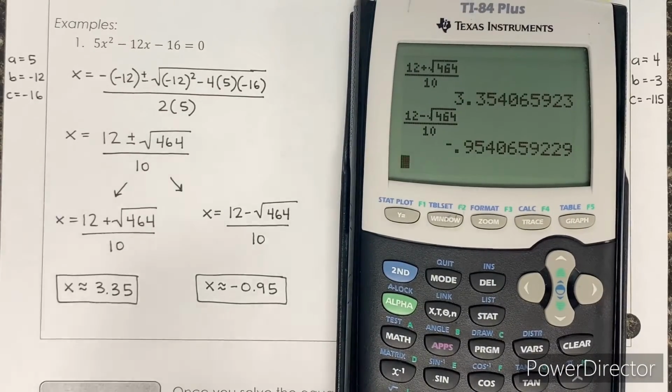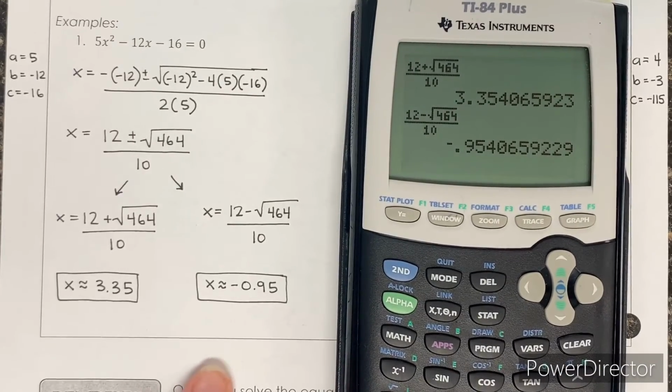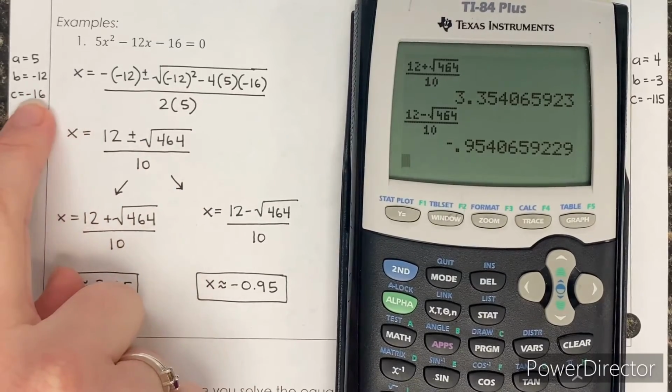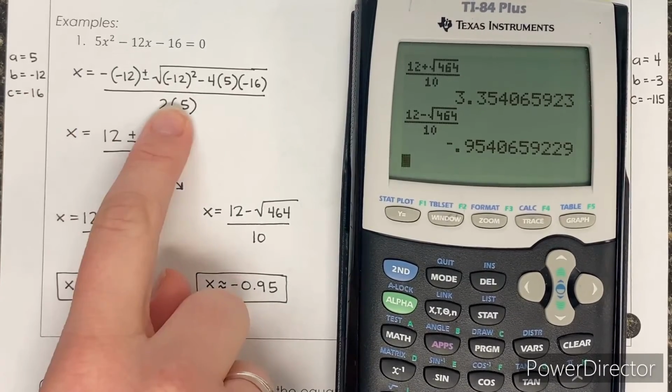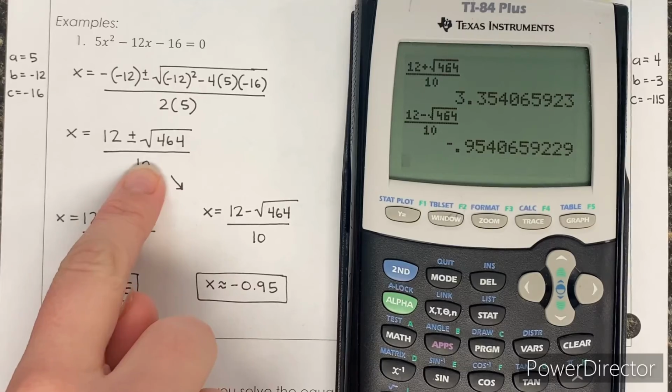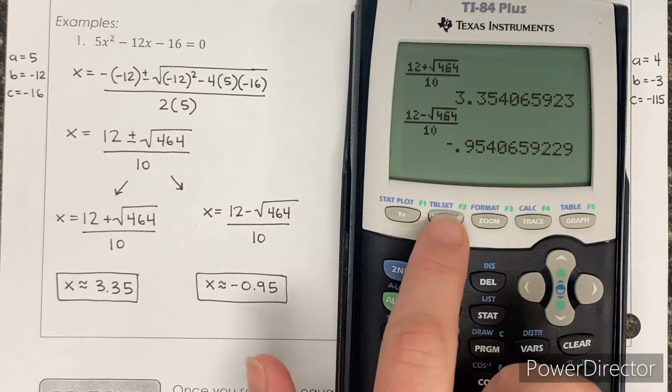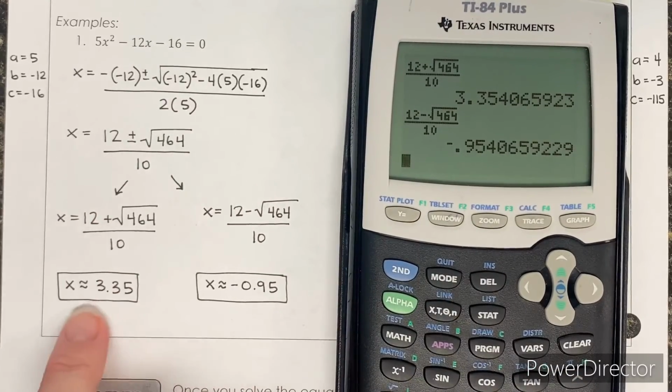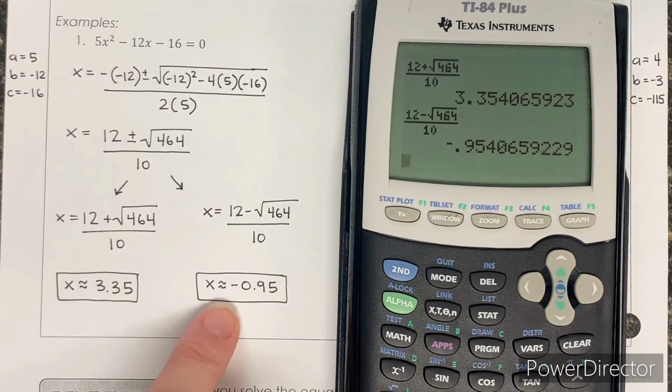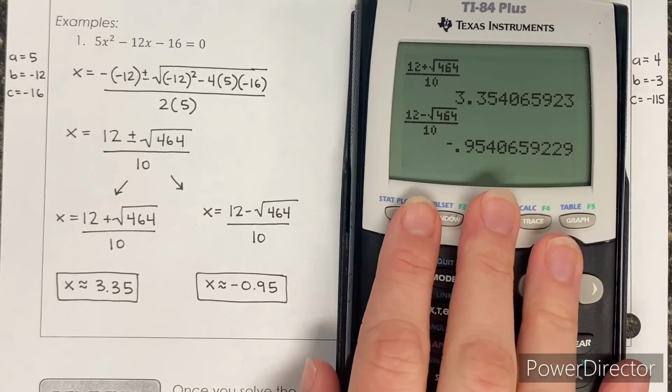As promised, here is the correct answer. So when I did this, first, remember I identified my A, B, and C values, plugged it in, simplified my 3 numbers, split it up, and then I used my calculator. A lot of times with the quadratic formula, you're going to end up with decimals, and so it's best to use your calculator.